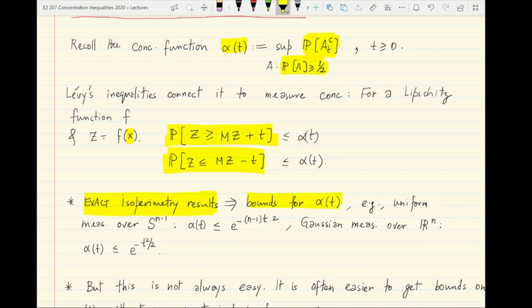So for example, for the uniform measure over the surface of the unit sphere S^(n-1), we saw that you could get a bound of alpha of t less than or equal to e to the minus (n-1) t square by 2. And likewise for Gaussian measure in n dimensions, we saw that alpha of t was upper bounded by e to the minus t square by 2.